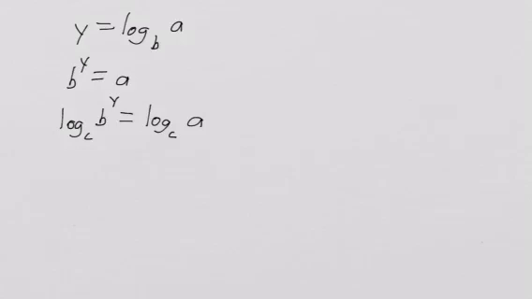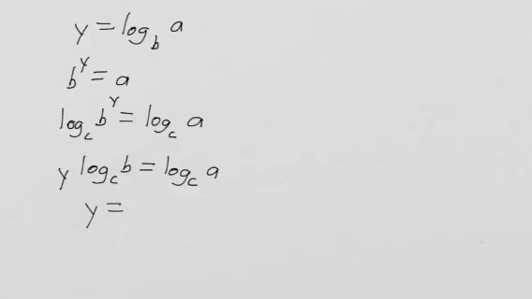But now we have that power rule that we just looked at. It tells us that y times log base c of b is equal to log base c of a. And now I can divide both sides by log base c of b.